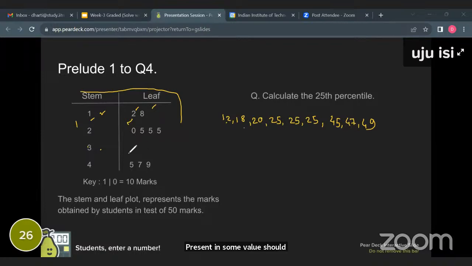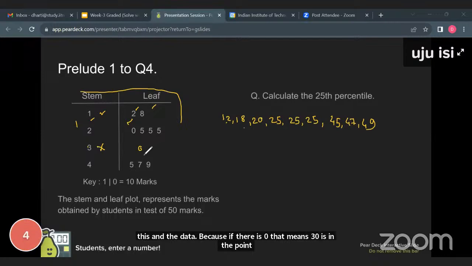If there is no value in the leaf, that means this data point is not there. Corresponding to stem 3, there is no leaf, so we will not consider this in the data. Because if there is a 0, that means 30 is in the data. Yes, ma'am. If there is no value, it's not present there at all.